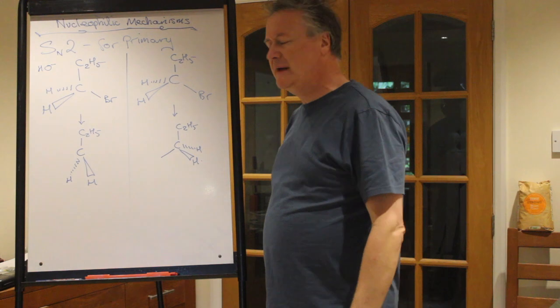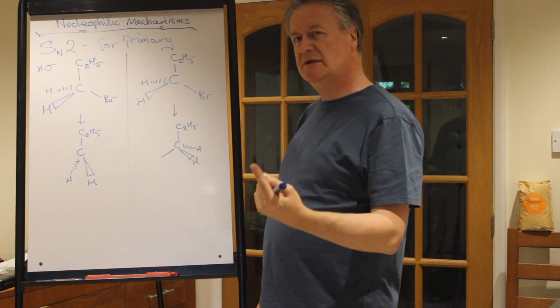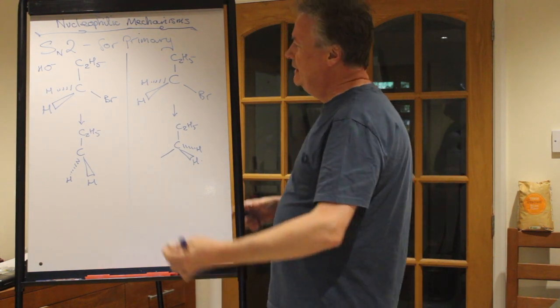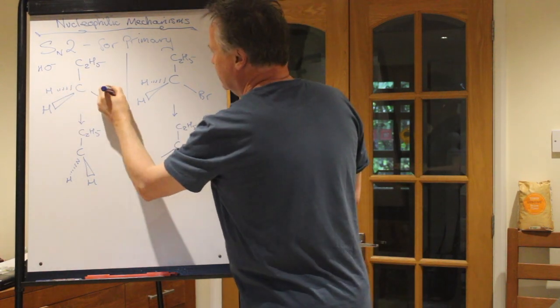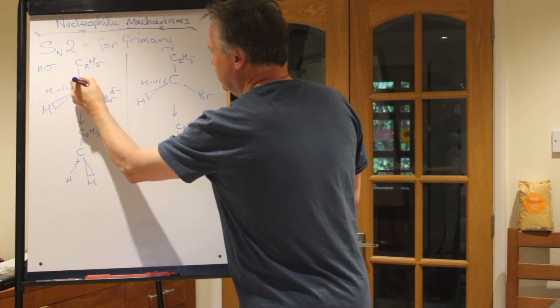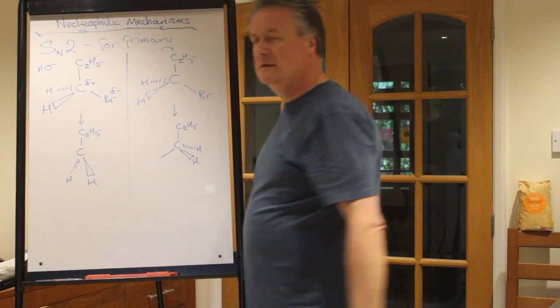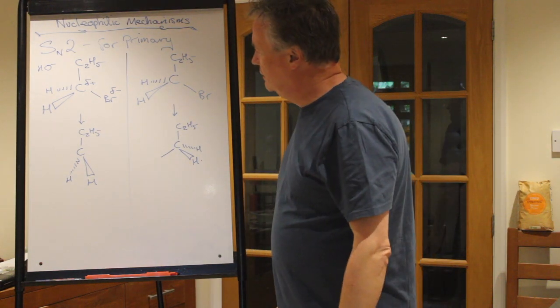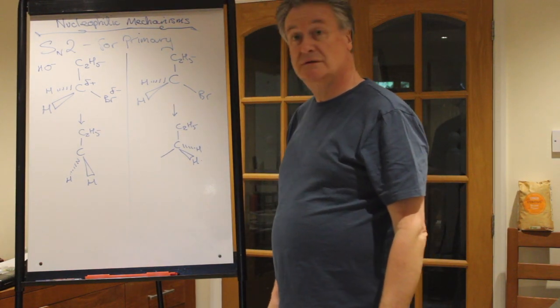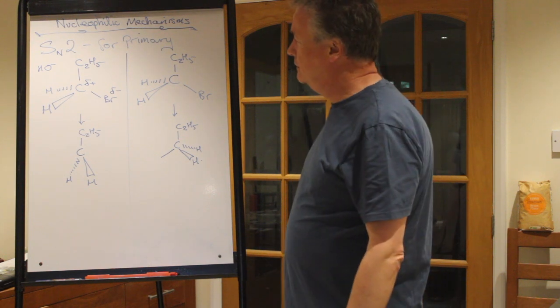Now I've written hydroxide ion backwards. Why have I done it backwards? Because the oxygen carries the negative, not the hydrogen. And what happens is, when you look at this way, the charge is distributed around this molecule here, which is 1-bromopropane, so therefore it's primary.